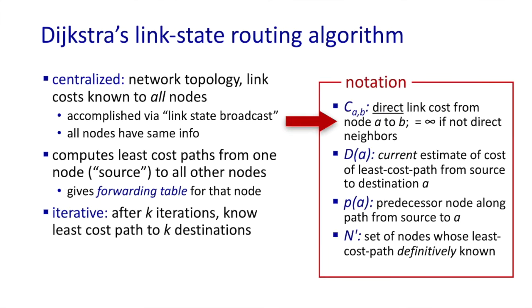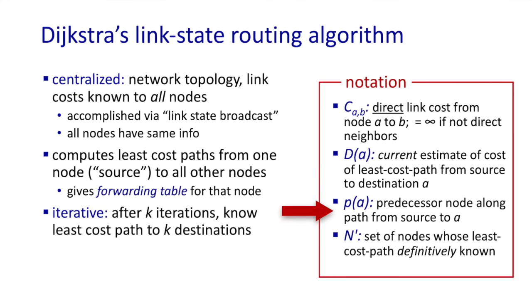We'll let C sub AB be the direct link cost between nodes A and B. If nodes A and B aren't connected, this cost is going to be infinity. So it's just the one-hop direct link cost between two directly attached nodes. D sub A is the current estimate of the cost of the least cost path from the source to destination A. And as we'll see, D sub A is going to be iteratively updated for all destinations A as the algorithm proceeds.